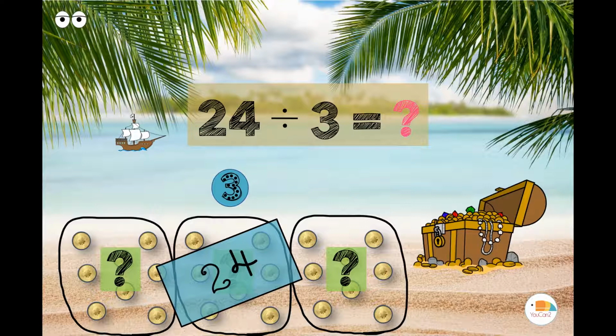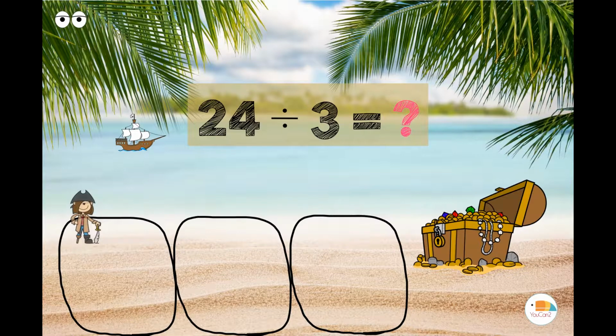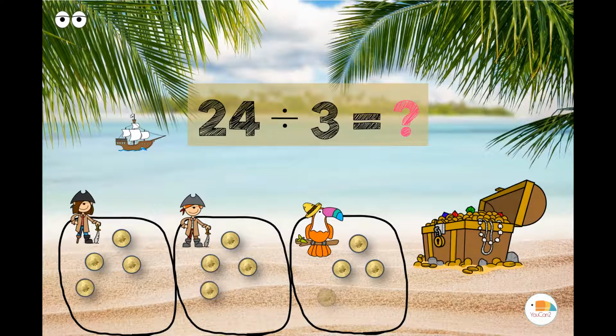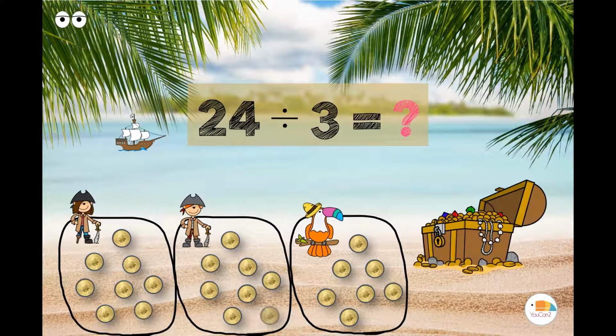Okay, let's figure this out. We've got 3 groups. One group of coins is for Priscilla, the other is for Percy, and the last one is for you, Ucan. Now let's count out 24 to divide them equally. 1, 2, 3, 4, 5, 6, 7, 8, 9, 10, 11, 12, 13, 14, 15, 16, 17, 18, 19, 20, 21, 22, 23, 24.